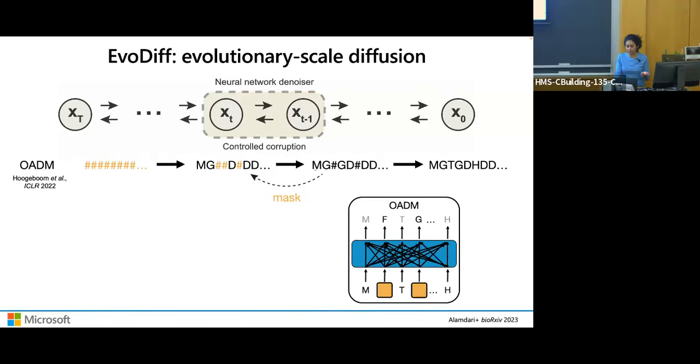And then the neural network is trained to predict the identity of that masked token at that position. This set of masked positions can be done in any arbitrary order, such that the network learns to decode all possible orders of this masking process.